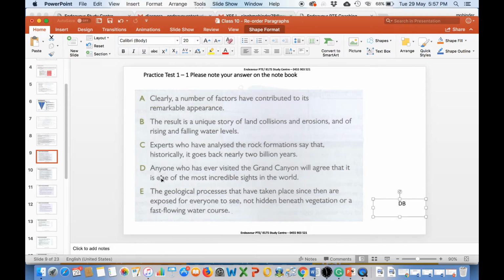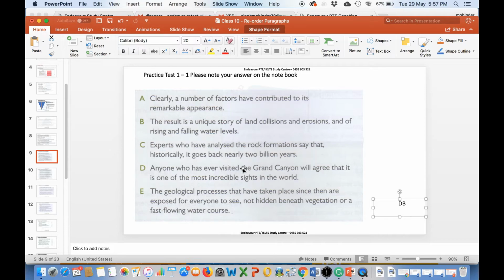Anyone who has ever visited the Grand Canyon will agree that it is one of the most incredible sights in the world. That's good, so we are talking of incredible sights. Now this is the thing we haven't talked about before. Once you pick the main idea, you need to find a point which connects to the next statement.